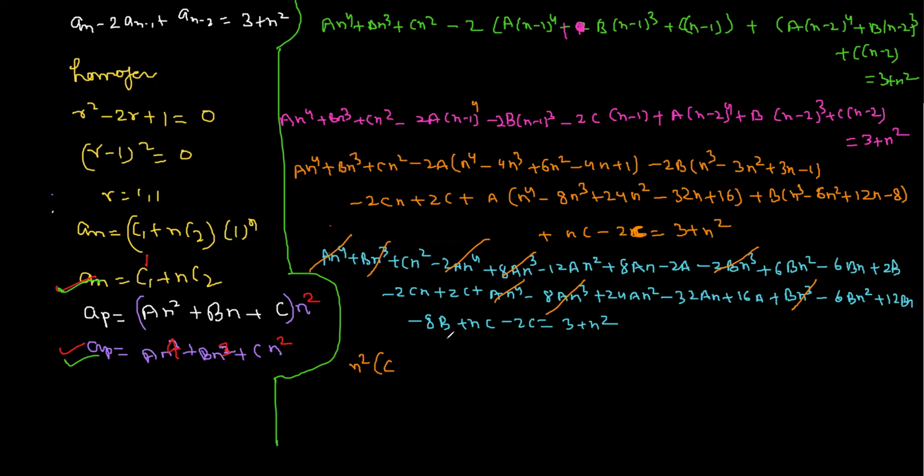C minus 12A. Take n common. Take constant common.